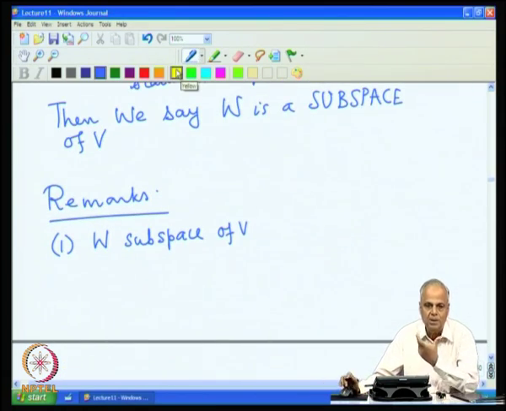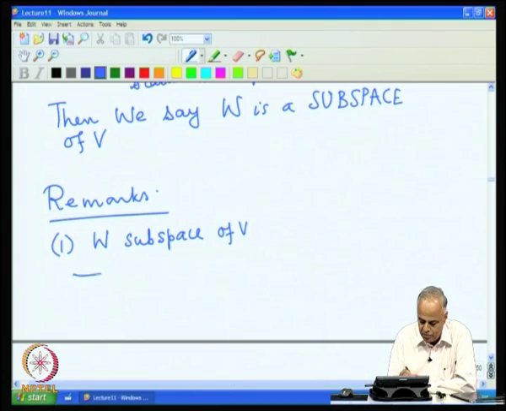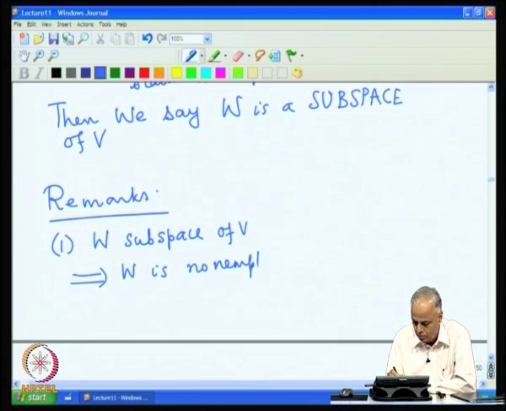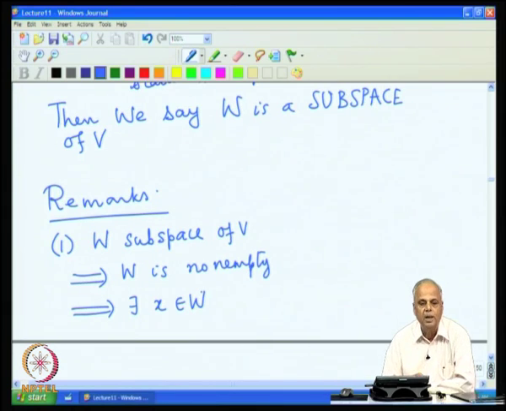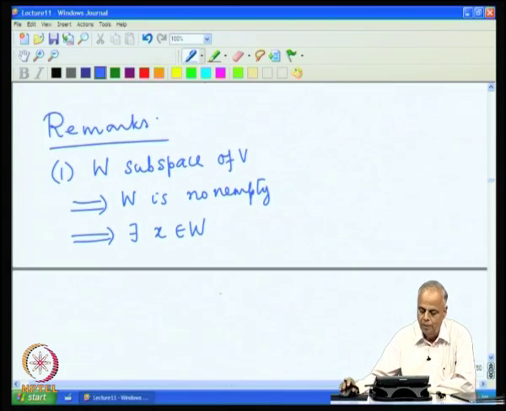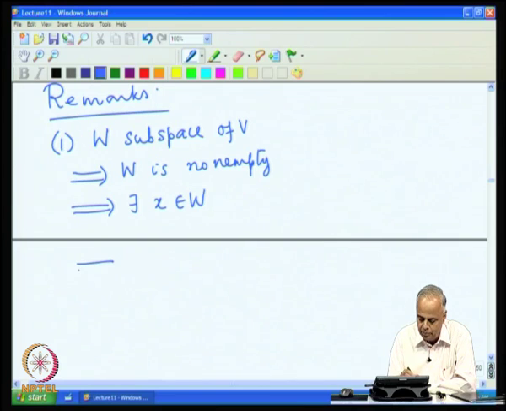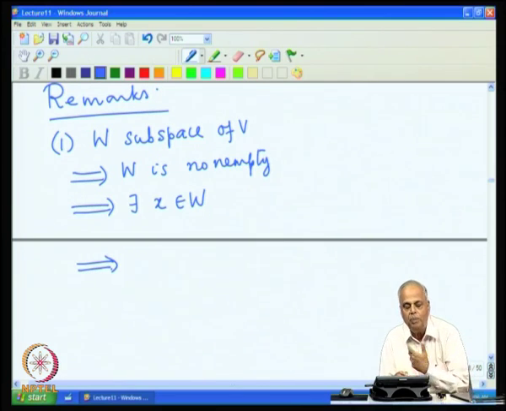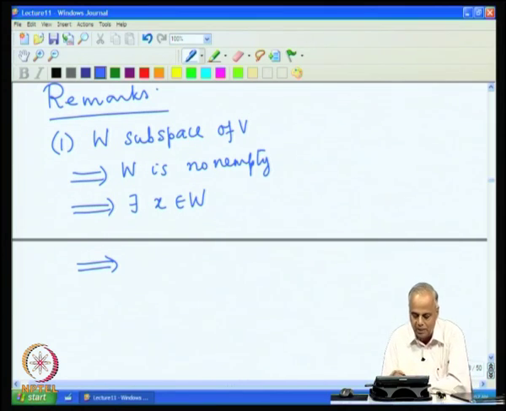There must be at least some vector in W, which means there is at least one vector x in W. If there is a vector in W and if I multiply it by any scalar, it should be in W, because a subspace is closed under scalar multiplication.